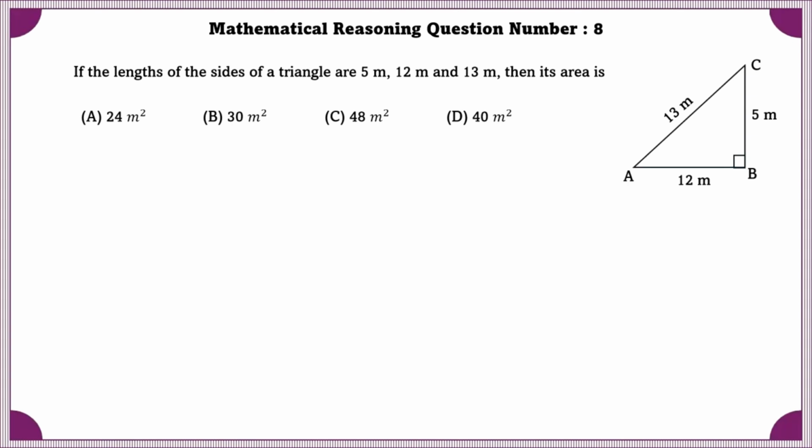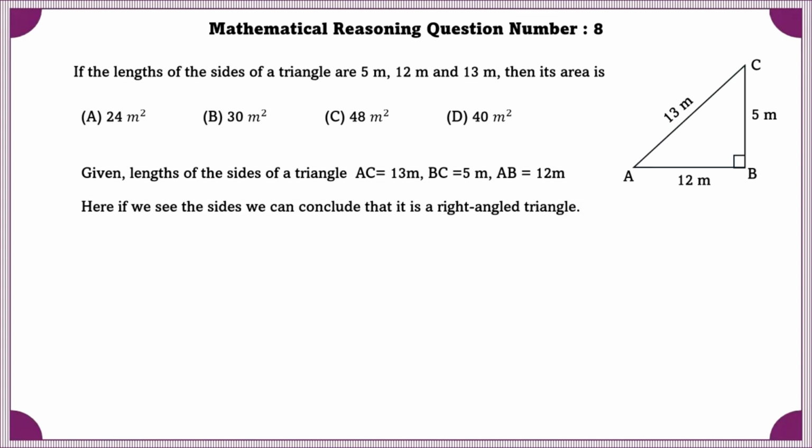Mathematical reasoning question number 8. If the lengths of the sides of a triangle are 5 meter, 12 meter and 13 meter, then its area is... Given the lengths of the sides of the triangle, AC is equal to 13, BC is equal to 5 and AB is equal to 12 meters. Here, if we see the sides, we can conclude that it is a right angle triangle. Confirming our theory, let us use the Pythagoras theorem.